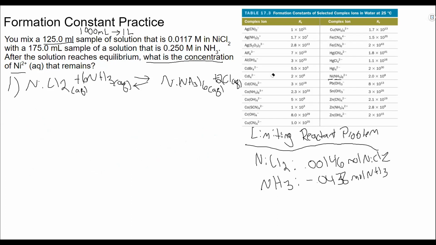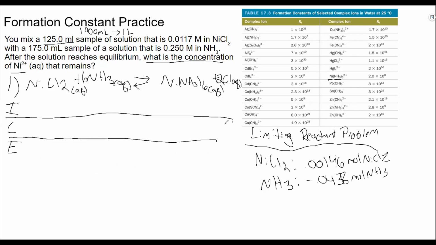And to do that, we're going to use everybody's favorite tool in Gen Chem 1. That's right, we are going to use the ice table, right? Initial, change, equilibrium. If you don't remember how to use an ice table, I will also link to a video below in the description of how to use an ice table.